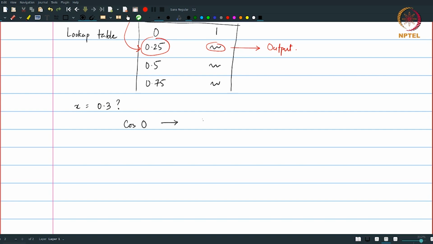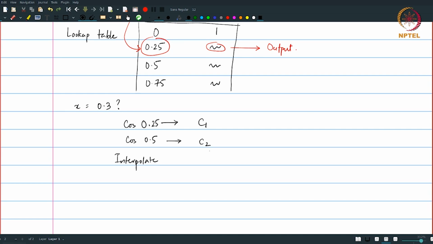I get a value C1, cosine of 0.25, or to be more precise, let's say I'll compute cosine of 0.25 to get the value C1, and then compute the value cosine of 0.5, I'll get a value C2, and now I can interpolate between these two values, right?